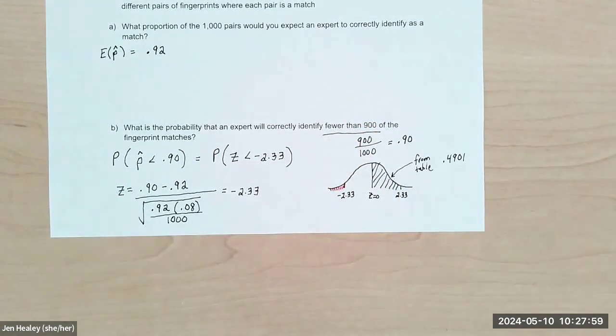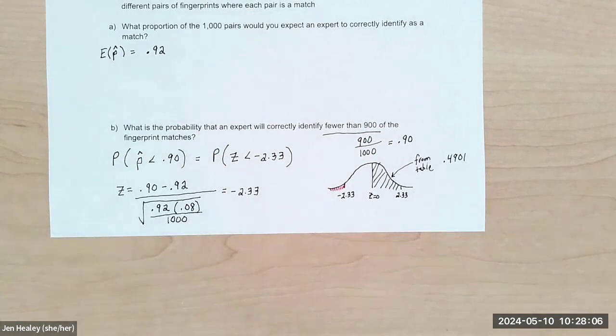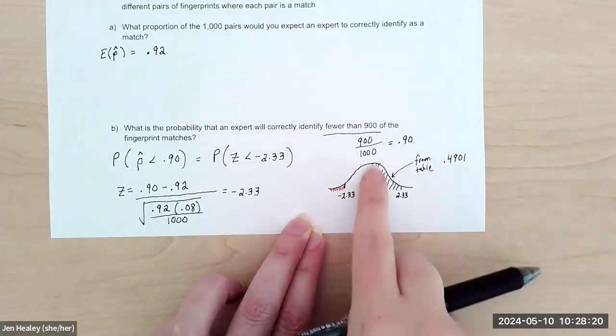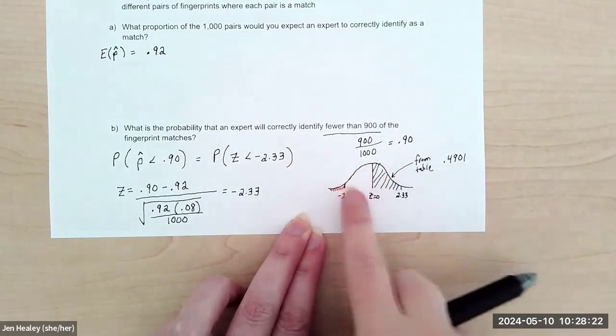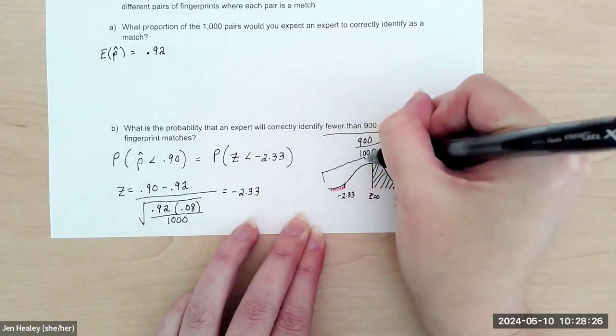How do I know that's the part I want? It says, what's the probability that our z is less than negative 2.33? Here's negative 2.33, so less than that is this part. I just want this tiny little part, so I should get a very small decimal when I do that. How am I going to do that? Well, this area right here is the same as this area right here. And so I'm going to take 0.50, which is from here to here.